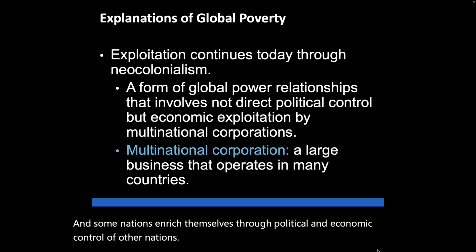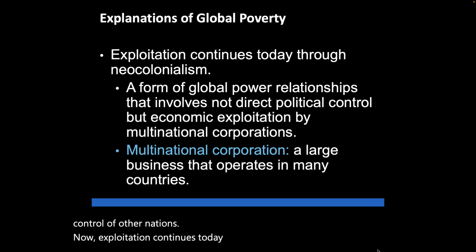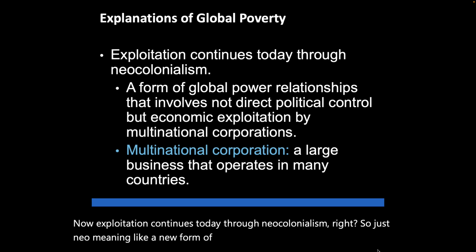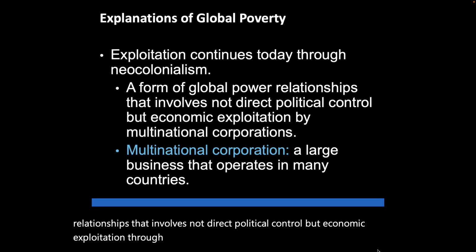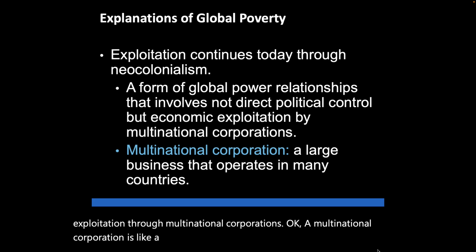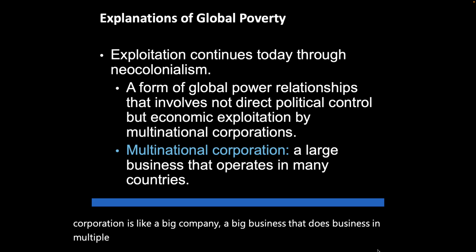Now, exploitation continues today through neo-colonialism, right? So neo meaning a new form of colonialism. This is a form of global power relationships that involves not direct political control, but economic exploitation through multinational corporations. Okay, a multinational corporation is a big company, a big business that does business in multiple countries.